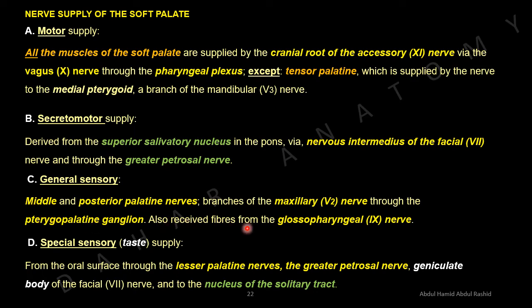Also receive fibers from the glossopharyngeal nerve. D. Special sensory, that is taste supply. From the oral surface through the lesser palatine nerves, the greater petrosal nerve, geniculate ganglion of the facial nerve, and to the nucleus of the solitary tract.